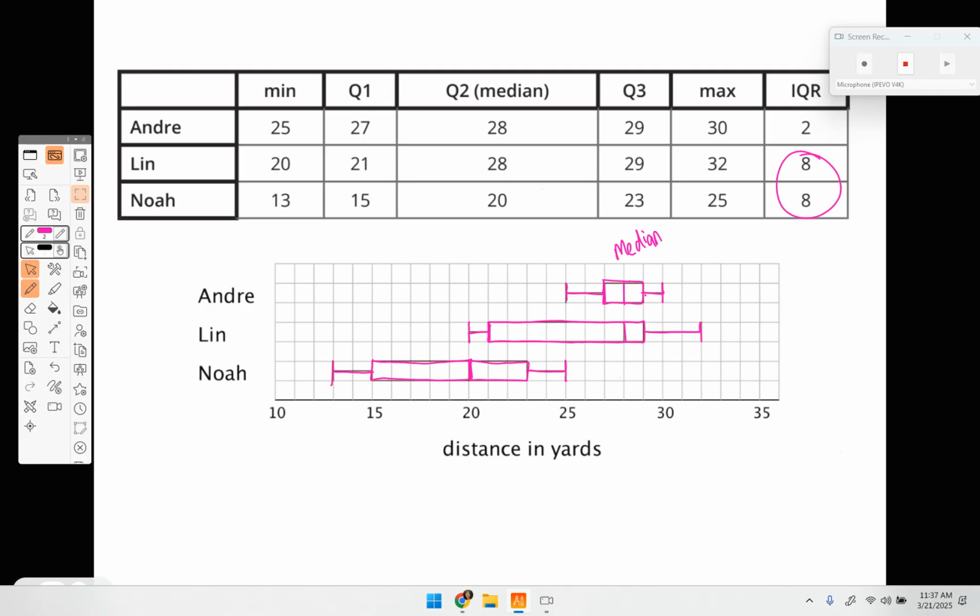But notice where they're located. What does it mean that Lynn and Noah have an interquartile range of 8, but Andre's is only 2? What does that say about their airplanes? The same airplane? They're way different. Okay, so if I want a more consistent airplane, who am I going to ask to make it? Why would I pick Andre to make a very consistent airplane?